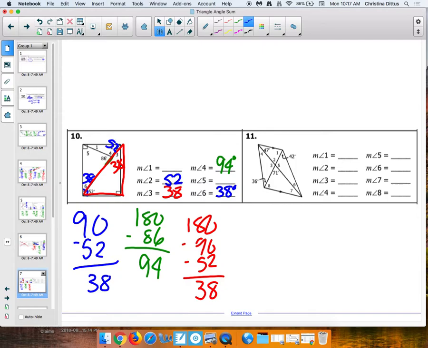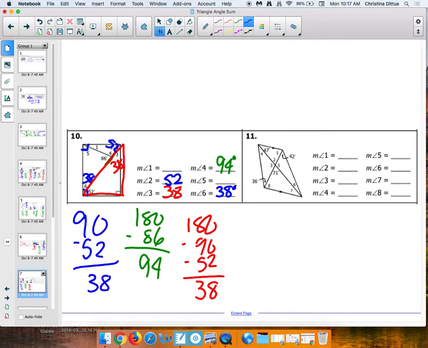That leaves us with 1 and 5. Which one do you want to do first? So 5 would be 94 because it's alternate interior. Is that not right? 1 and 5 combined make 90, so I highly doubt it. Is 5 38? I got 34.